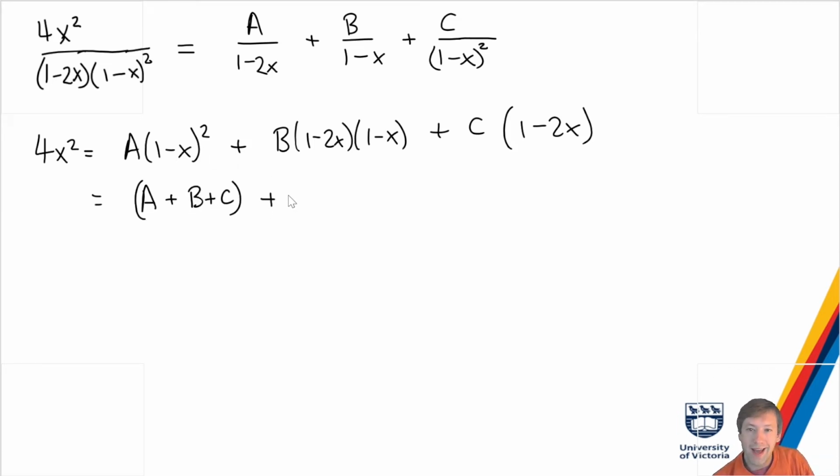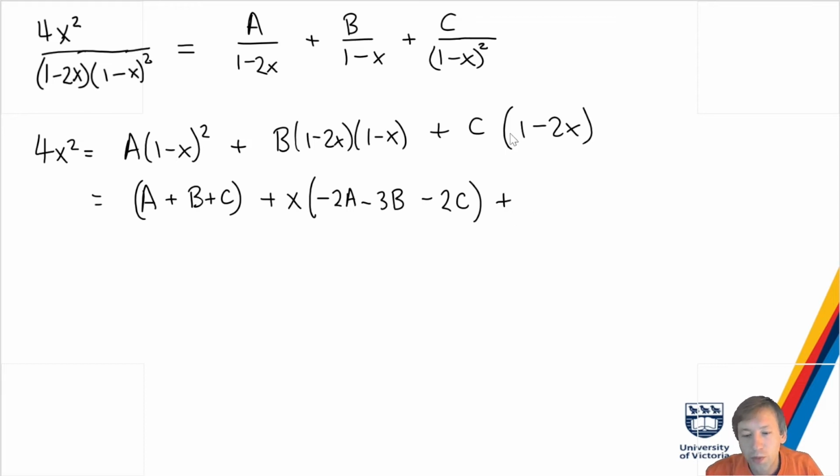The coefficient of x is going to be -2a, minus 3b, minus 2c. If it's mysterious how I got this, you can do some expanding in another way.